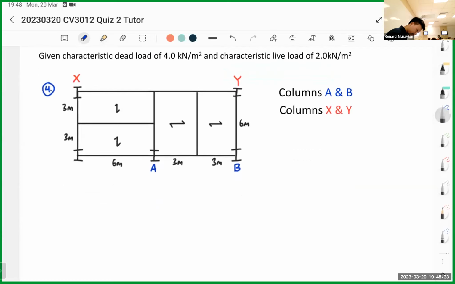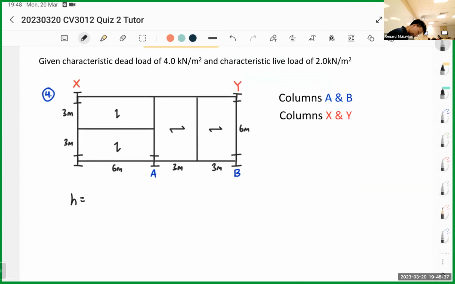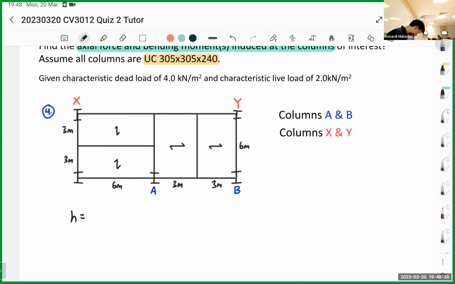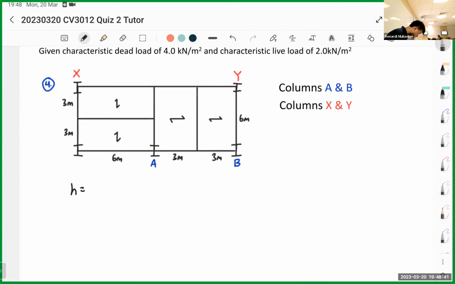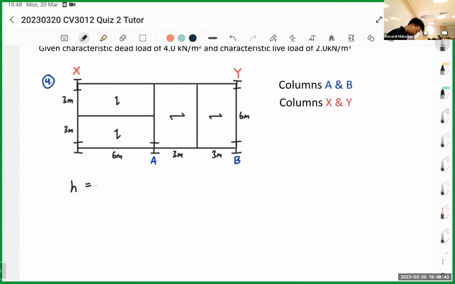So you have H is 352.5 millimeters. B is 318.4 millimeters. And then we have TW and TF.